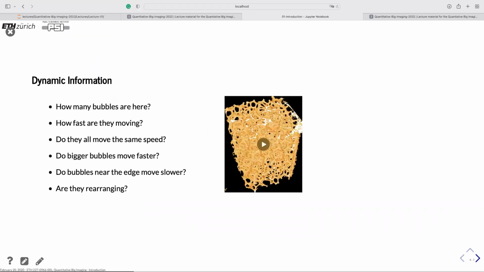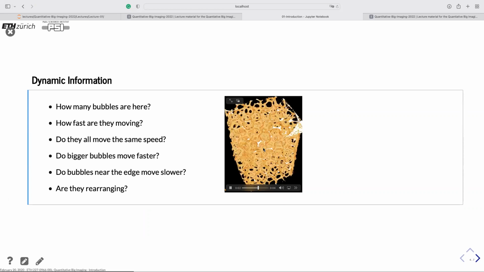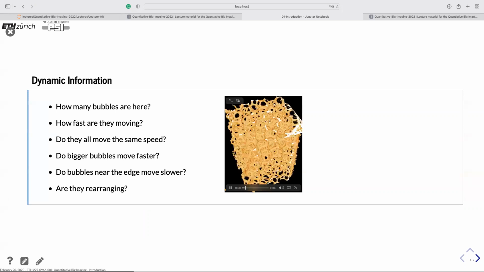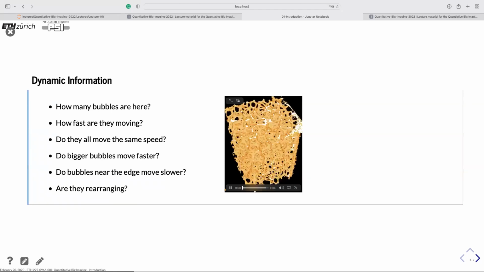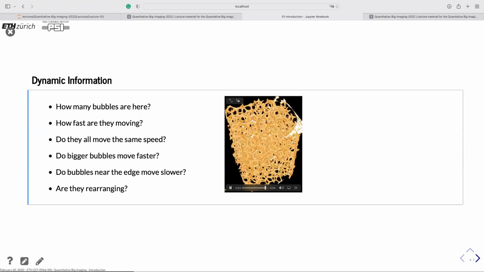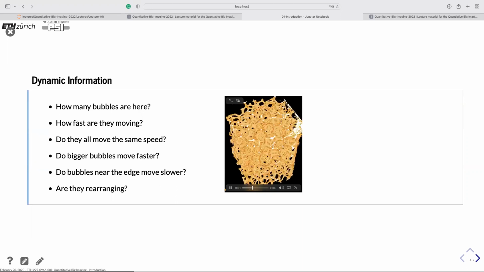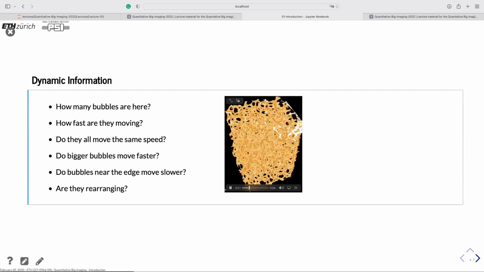And to make it even more fun, we can have dynamic information. What happens if you start running an experiment in real time, and this is a foam that is evolving. Actually, I don't know. It could actually be coffee foam that is bubbling up. And then the question is, how many bubbles are there, first of all? How large are they? How fast are they moving?